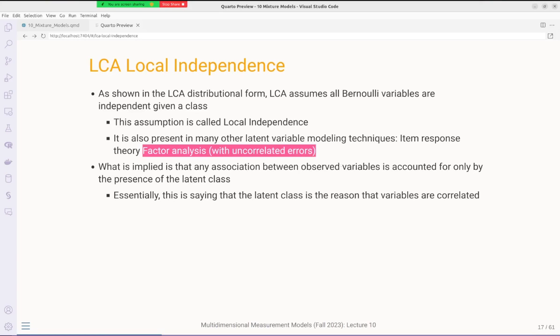what we're saying is the reason why a person's responses may correlate across the data, or why variables may be correlated, is because they're all related to this latent variable, this factor that we're trying to estimate, right?